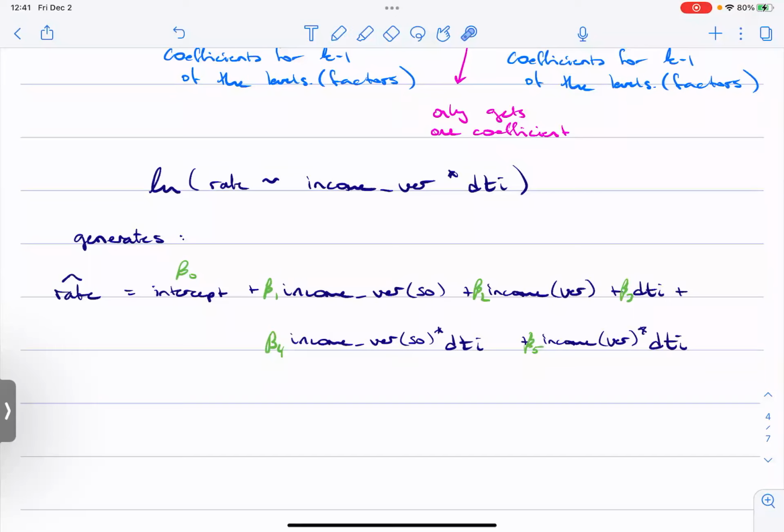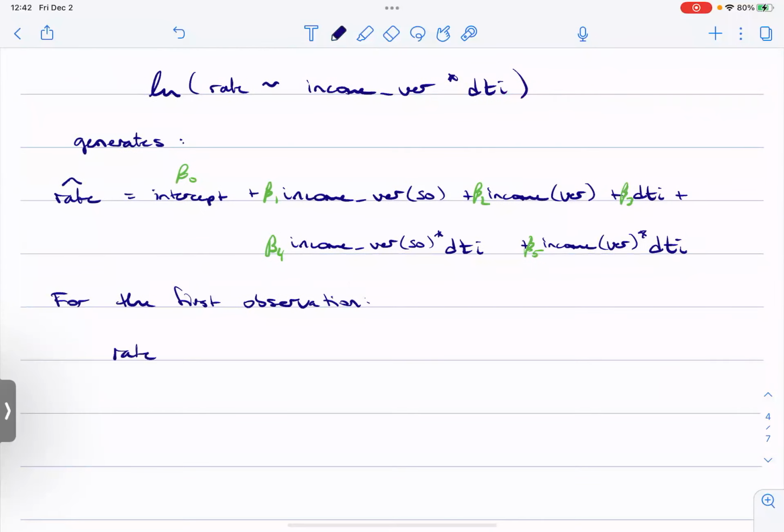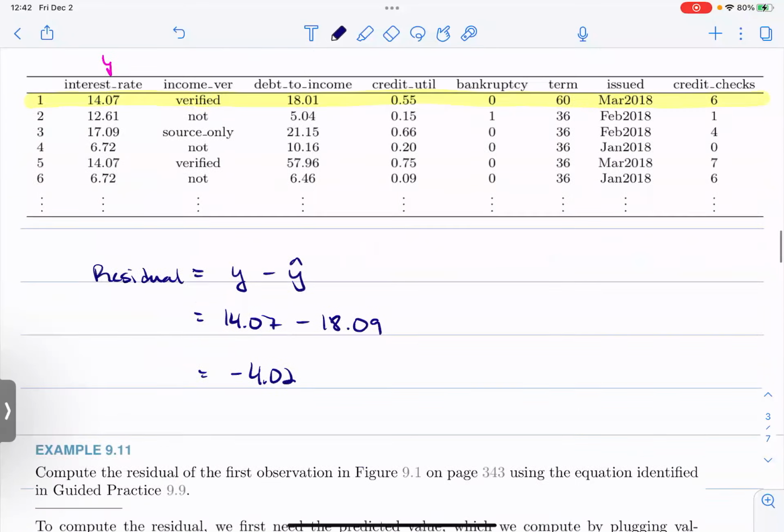So let's say we want to use this to predict for the first observation again. For the first observation, the predicted rate, I don't have values, but it's going to be whatever the estimate for beta 0 is, and what was the income verification?